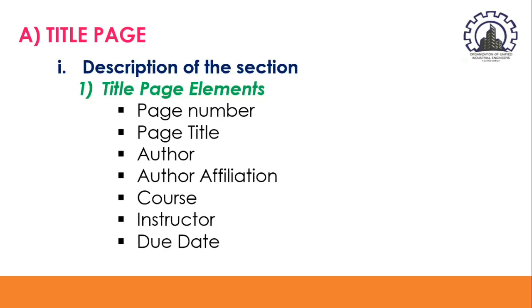So your title page would look different. So your title page elements for the 7th edition guideline include the page number, the page title, the name of the author, the affiliation of the author, the course, the instructor, and the due date as well.